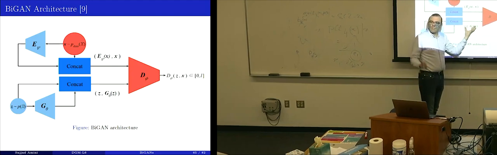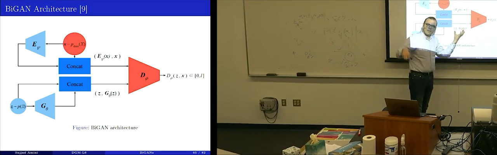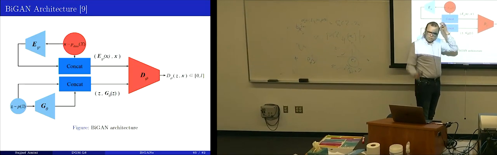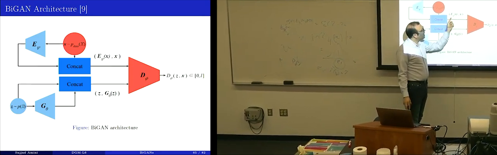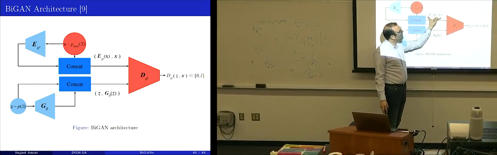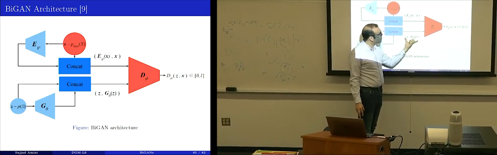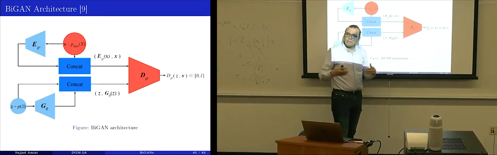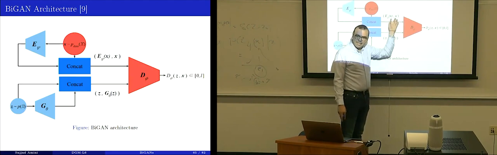Because we know the z corresponding to samples generated by the model, if the model is fixed, this distribution is fixed, just for simplicity. Then you change psi such that this concatenated vector mimics the behavior of this vector.